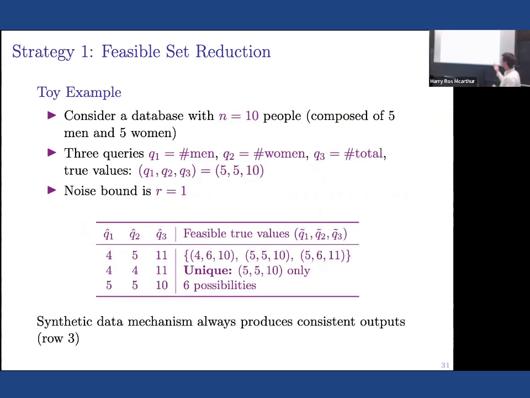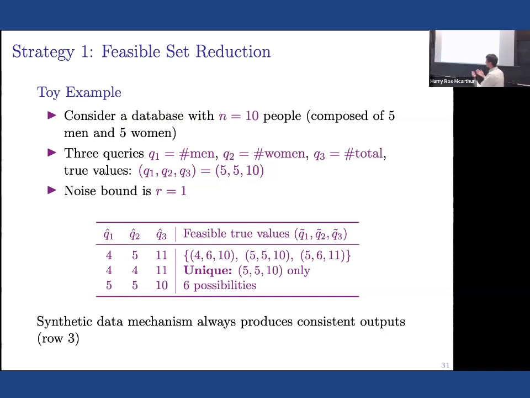An example of what this looks like is if I ask the query: how many men do I have in my database? How many women do I have in my database? What's the total number of people? Suppose that the true counts will be 5, 5, 10. If you perturb the value, so you get a 4, 5, and 11, there's 3 feasible true counts that perturbed values could take.